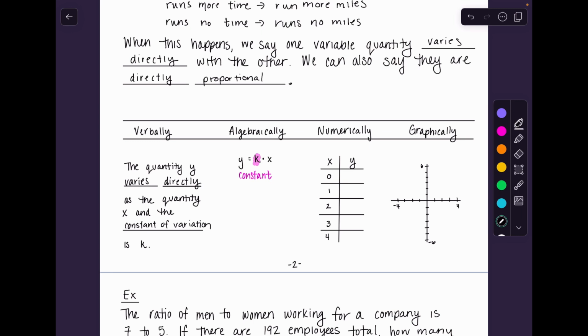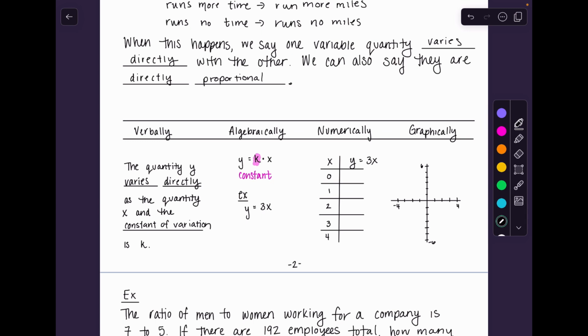So to give you an example that we're going to use for the numerical and graphical views, you might see that y is equal to 3 times x. Okay, so some number times x. So I'm going to set up, using the same equation, a chart. What kind of patterns can we see?